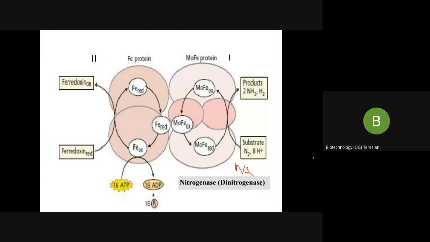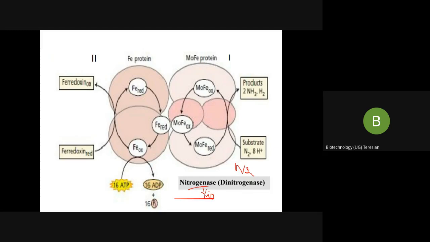So if you see here, this is the structure of your nitrogenase enzyme. Where is this nitrogenase enzyme present? It is present in all microorganisms which are responsible for nitrogen fixation, whether symbiotic or non-symbiotic.